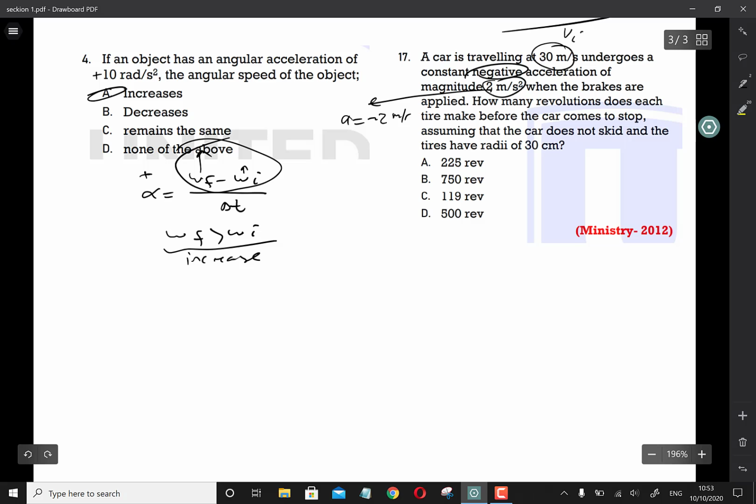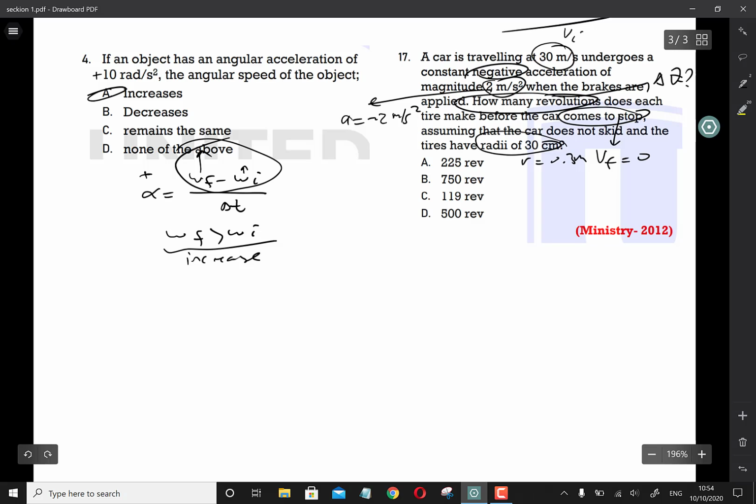How many revolutions does each tire make before the car comes to a stop? So how many revolutions is delta theta. Comes to a stop means final speed must be equal to 0. Assuming that the car does not skid and the tires have radii of 30 centimeters, R is 0.3 meters.